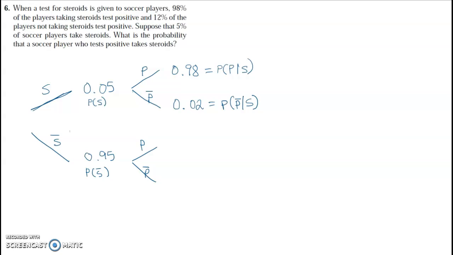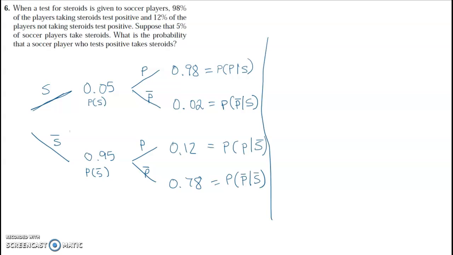So that's this part, 12%, which equates to the probability of positive given not S. That naturally also makes this part 0.88, the probability of not positive given not S. Once we have all our information organized like this, we can go ahead and solve whatever they're asking.